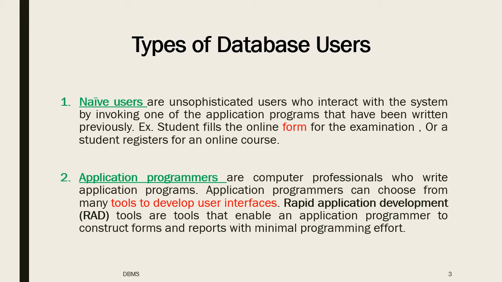They use the tools which are already there to create the user interfaces, and simply create the form. For example, if you are filling the examination form or registering for an online course, these forms are created by the application programmers by using the tools which are already there. Rapid application development means the application development is faster because it is built from already present things.